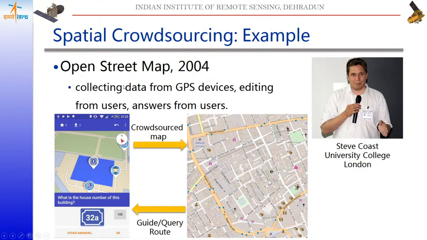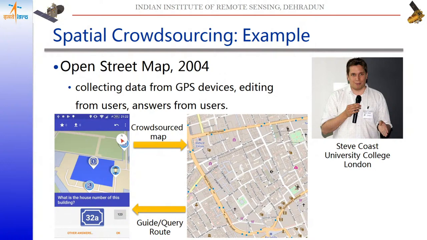It collected data from GPS devices, allowed editing by users, and answered queries. A huge repository of data has been created in OpenStreetMap, and people can download this data set, contribute to it, and edit the spatial entities available on the map. These resources are available now, all made possible through Web 2.0.